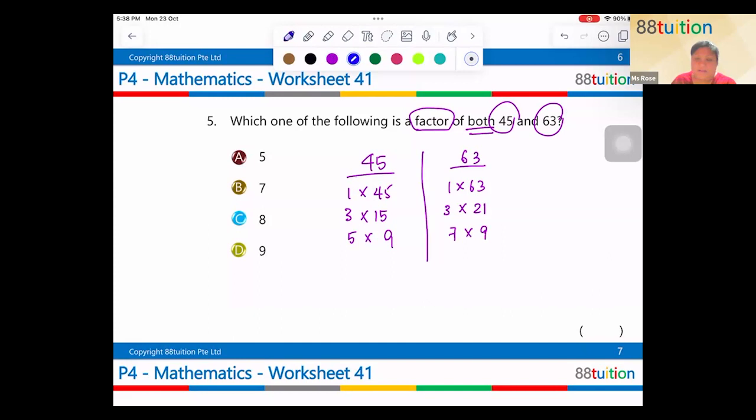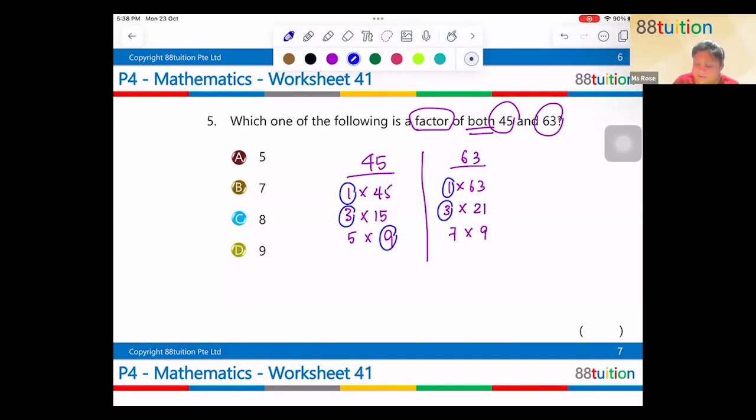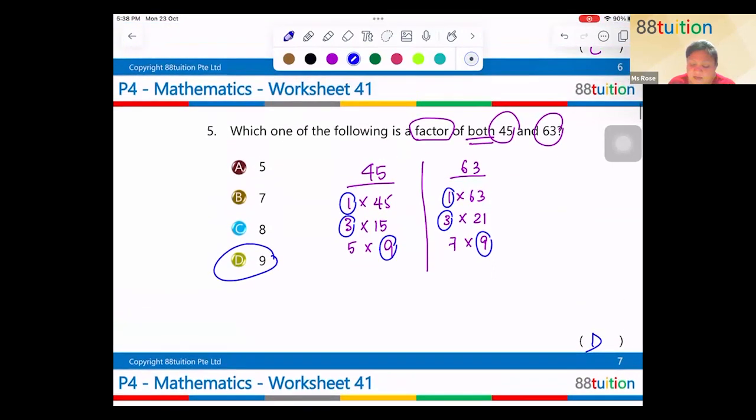What is common? 1, 3, 9. The only option that's common here is 9, which is D. Since they asked for factors of both, what you're looking for are the common factors.